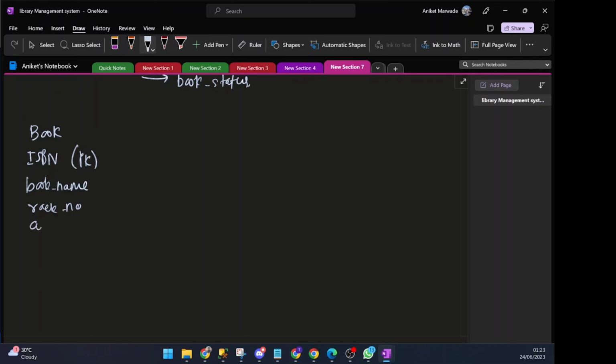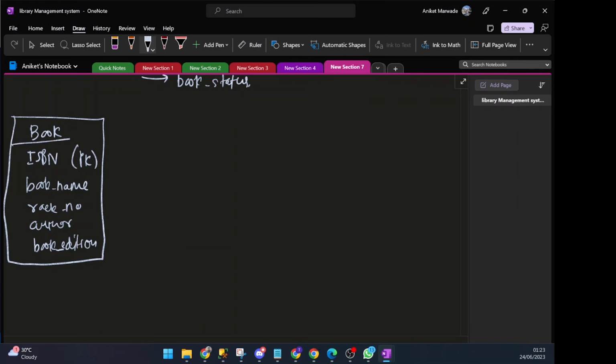And we'll have the author, and again we can have the book edition. This is one table for book. I think this information is enough for the book table.